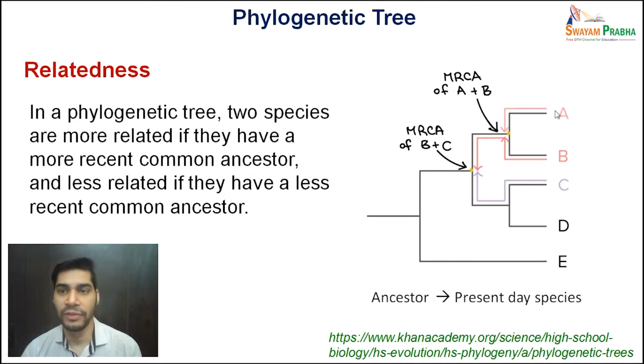Now if you see here, starting from this, that is the ancestral species, and these are the present day species. So for A and B, this is the most recent common ancestor. For AB and CD, this is the most recent common ancestor. So they show the relatedness and the time history as well.